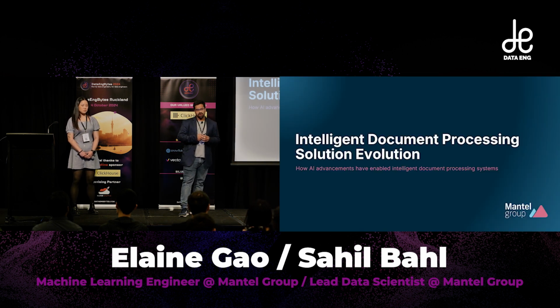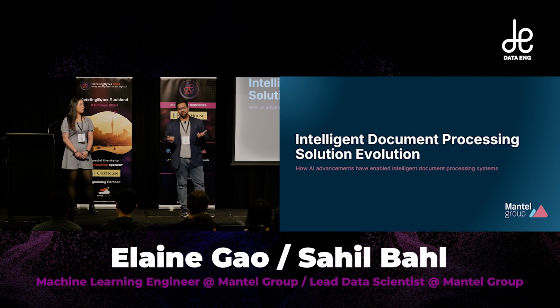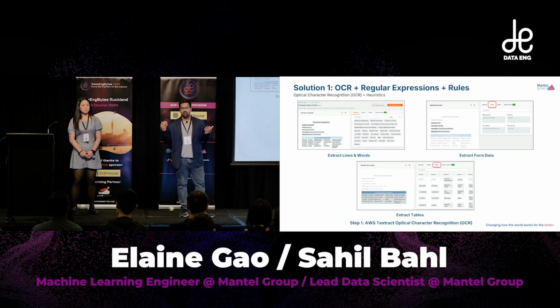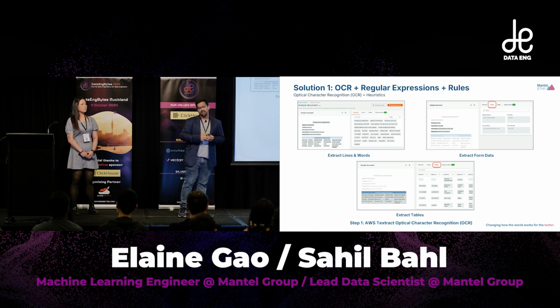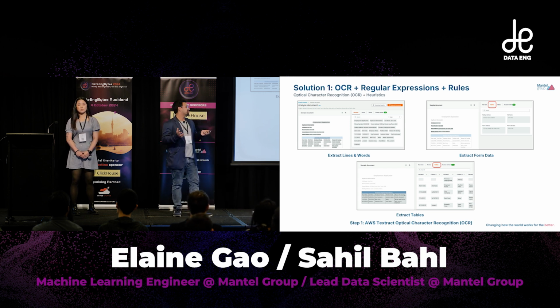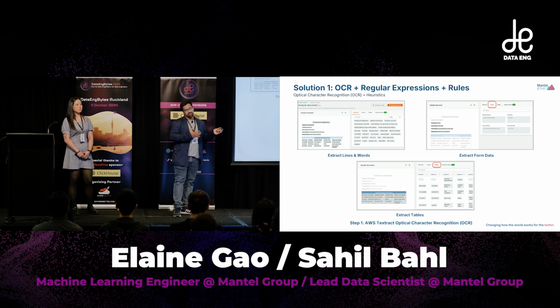So I'll talk about how the technical solution has evolved over time. This is not a new problem. This is pretty much a very common problem across the industry. And the first approach that you can think of is converting the documents into text.